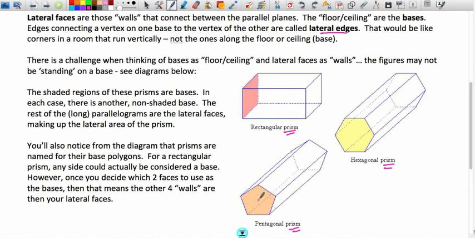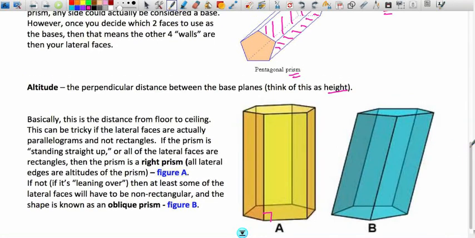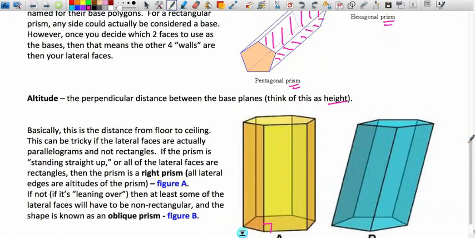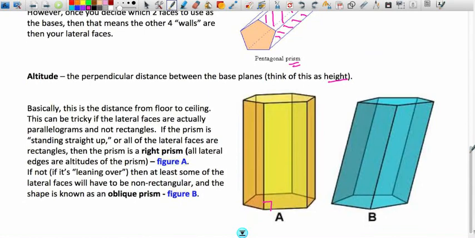In this case, the base is a pentagon, so we would find the area of the two pentagons, which we're going to do next lesson, and then we would find the area of each of these rectangles, which are the lateral faces. In the instance of an oblique prism, the lateral faces are not all rectangles, but as I mentioned, we don't spend any time on oblique prisms. Our focus is primarily on right prisms.